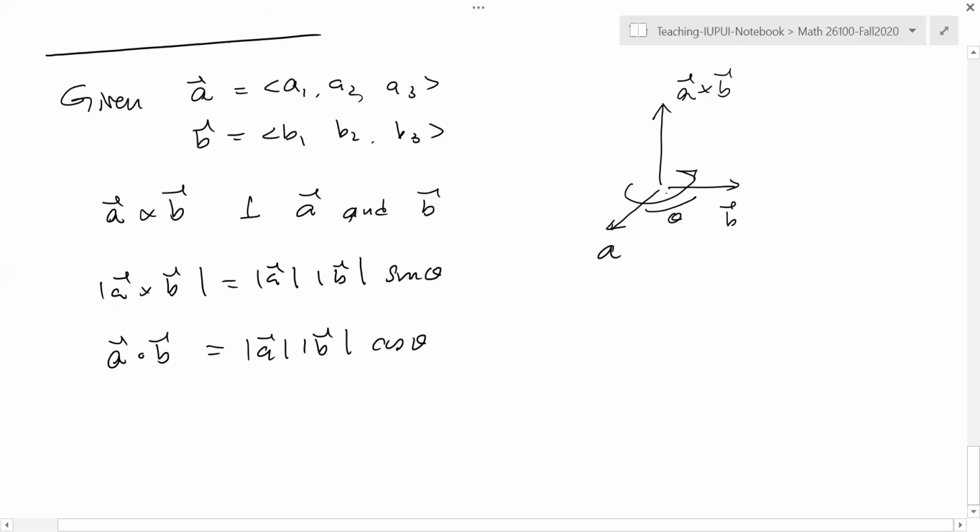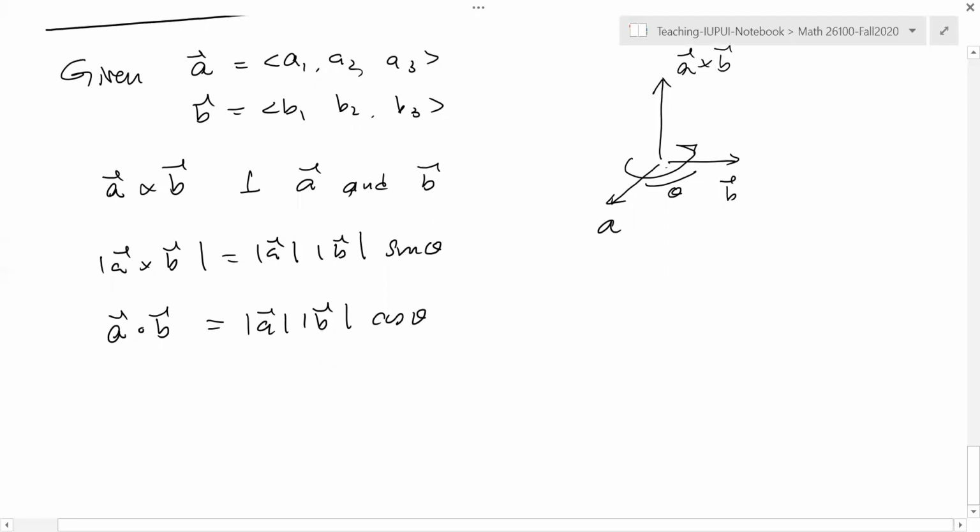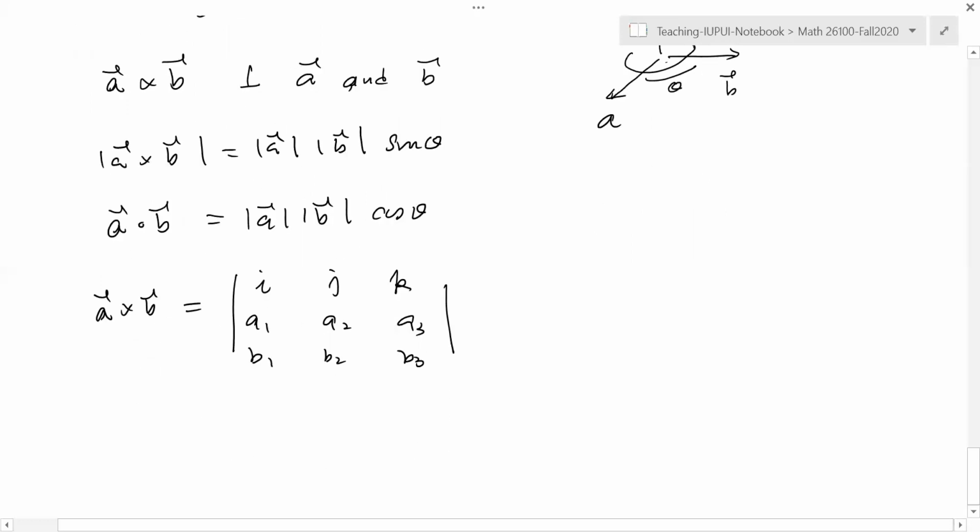Now the question, how do you find it? You can find it in the following way, formally: this is i, j, k, then A1, A2, A3, B1, B2, B3. This is a determinant, but here the first row are just the unit vectors, just as a formal notation.